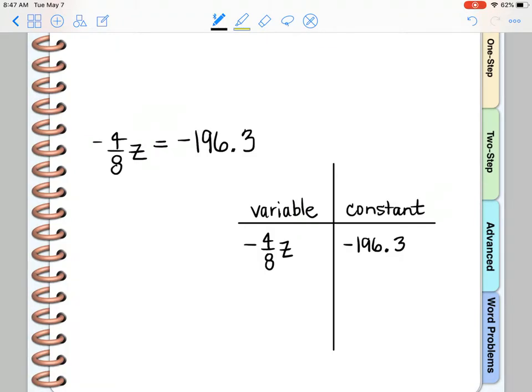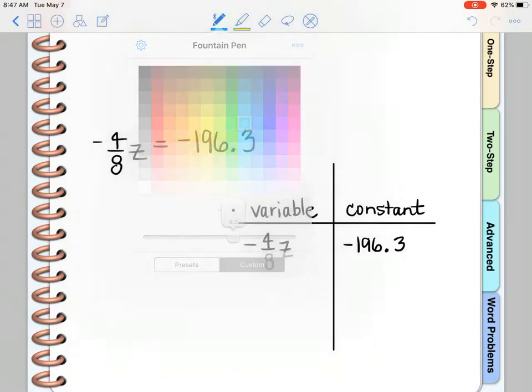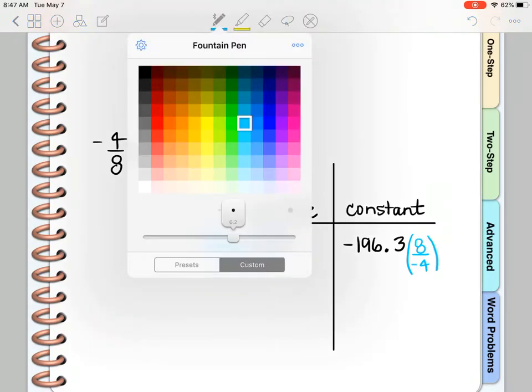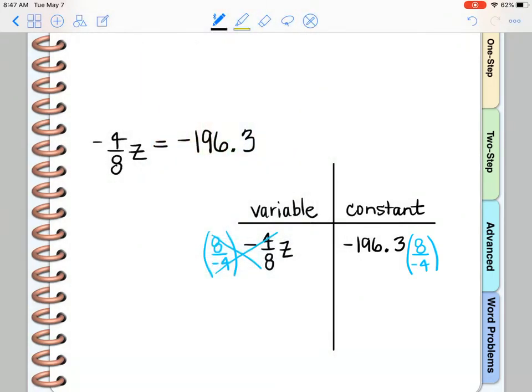All right, we need the reciprocal of our fraction. So we're going to do 8 over negative 4 and 8 over negative 4 and cancel. And then we're left with Z. That's good. That's all we want on that side.